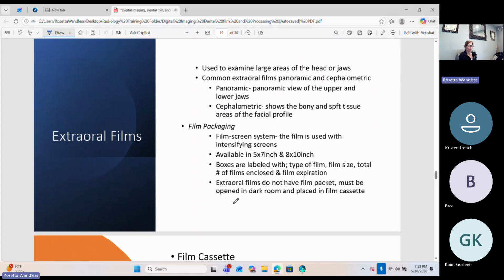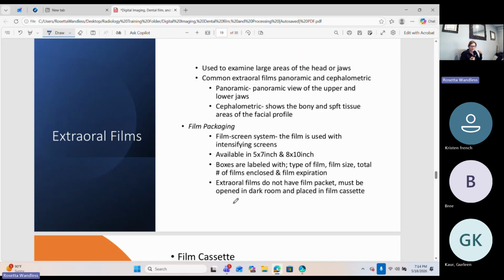Common extraoral films are your panoramic. A panoramic X-ray is a panoramic view of the upper and lower jaw relationship together. And your cephalometric is going to show the bony and soft tissue areas of your facial profile. What does that mean?